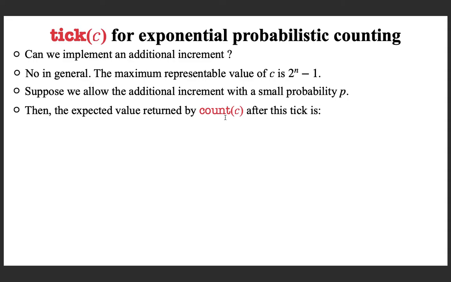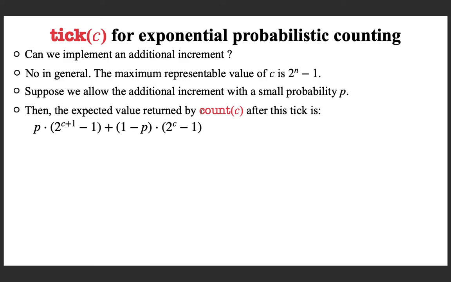So what is the expected value which is returned? When you do that additional increment, what you are returning is 2 to the power the additionally incremented value. Originally it is C. If you go for an additional increment, it is C plus 1. And what is returned is 2 to the power the present value, which is the incremented value, minus 1 with probability P, plus, if that event is not happening, then the probability of the other is 1 minus P, that you all know. 1 minus P when you don't have an additional increment.